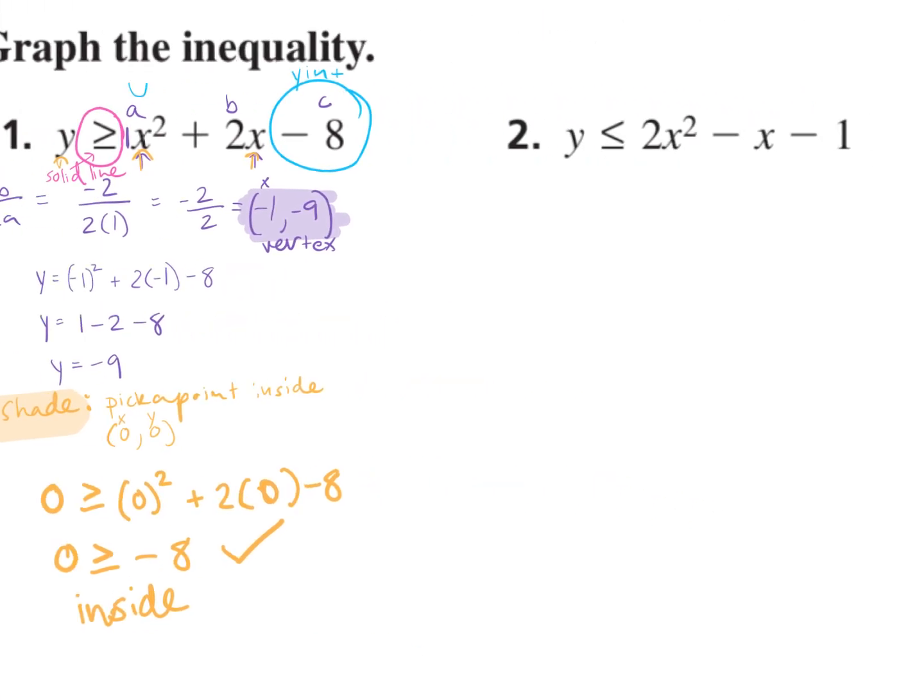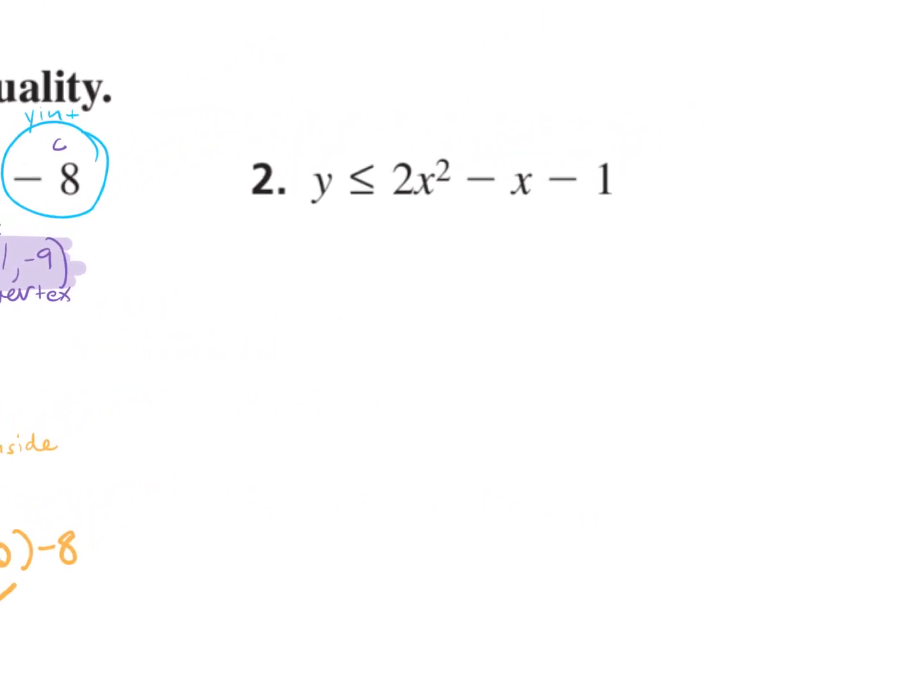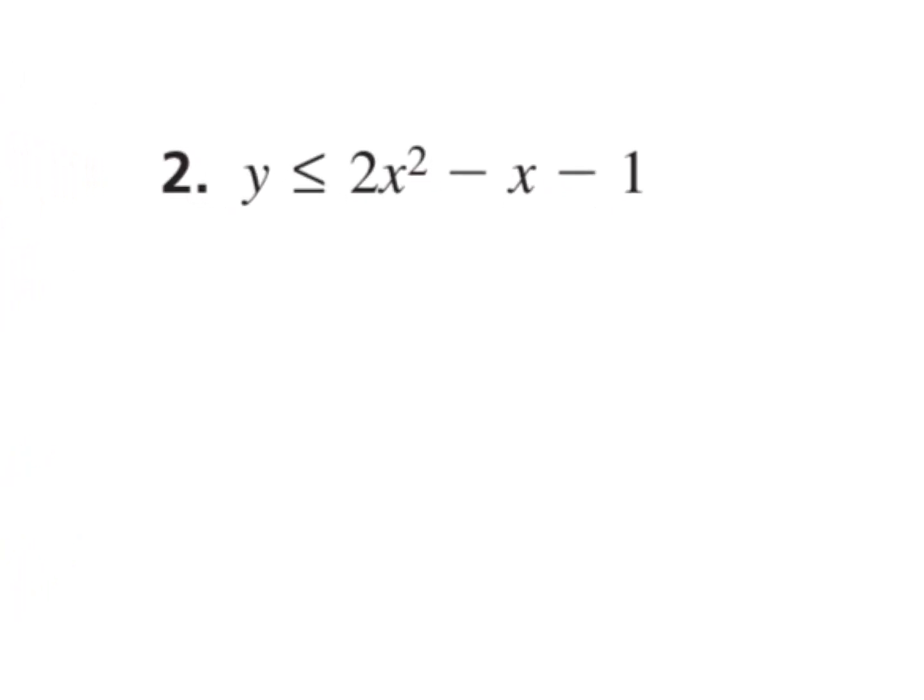All right, let's take a look at number 2. So the first thing I need to find is my vertex because I'm going to have to graph it. So to find my vertex, I use negative b over 2a, where this is a, b, and c.